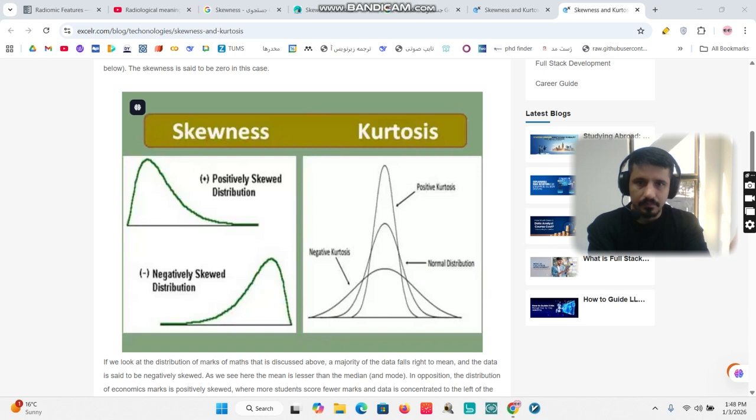So we have a positive kurtosis. And if it is less than that, most of the values are not around the median, it is more likely to be flat, so we have a negative kurtosis. This is compared to the normal distribution.